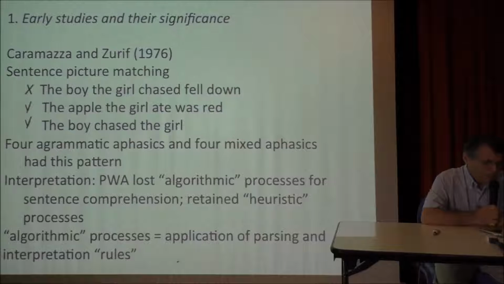Heuristic processes referred to the ability to put the words of a sentence together to form a coherent, plausible proposition, something you might call pragmatically based combinatorial interpretation, and also the ability to assign thematic roles based upon some very simple structural features like the linear order of words.